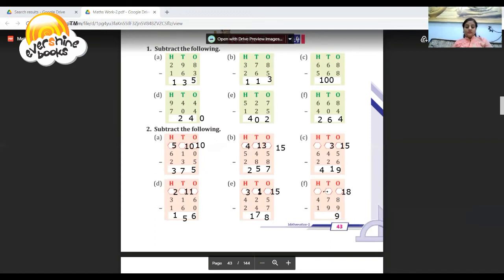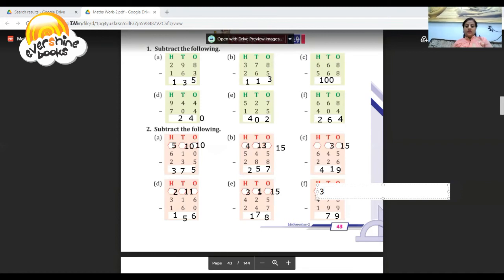7 will become 6. 6 minus 9 is also not possible. So here it is going to take the help of 4. 1, 6, 16. 16 minus 9 is 7. Next, it will be 3 because 4 has given the borrow.